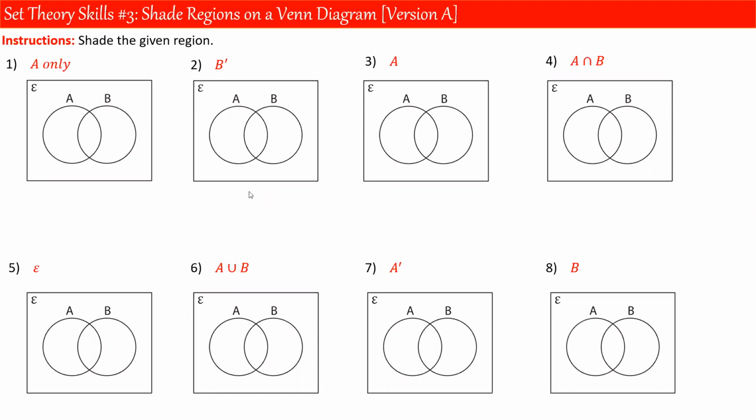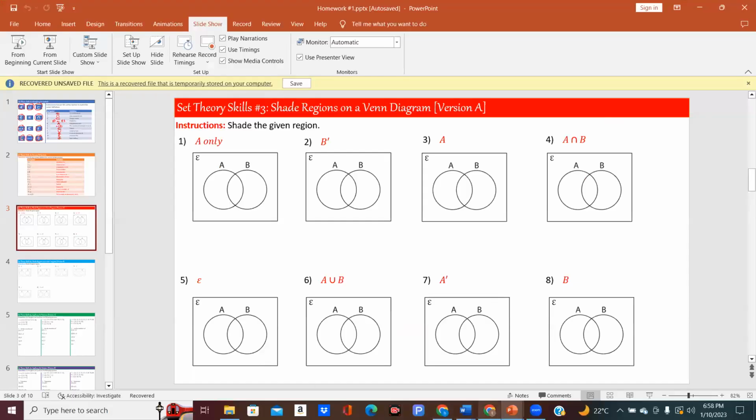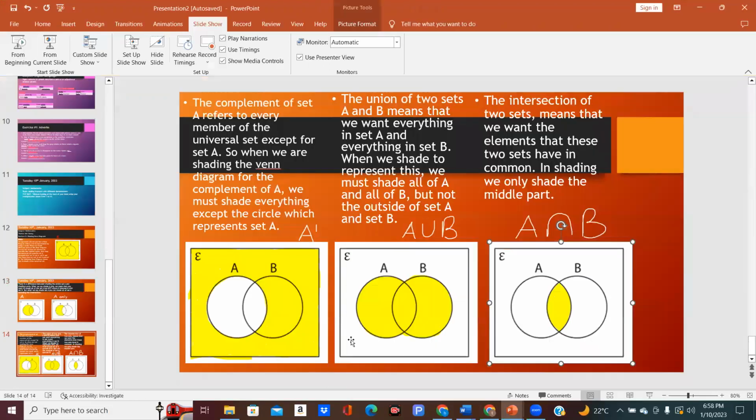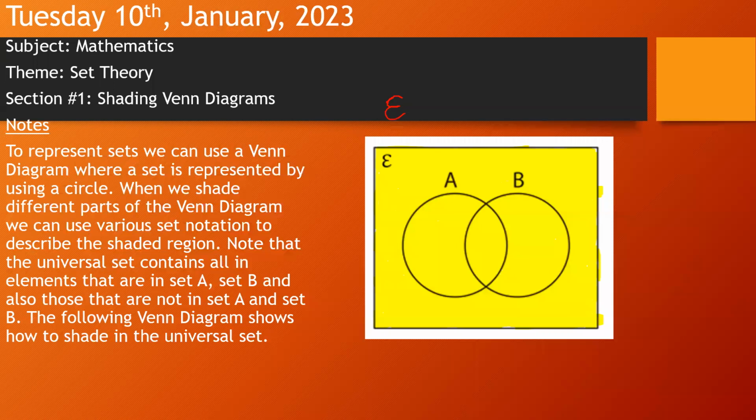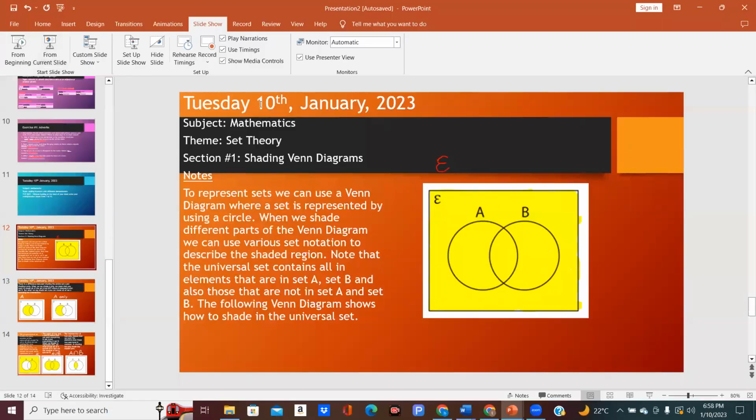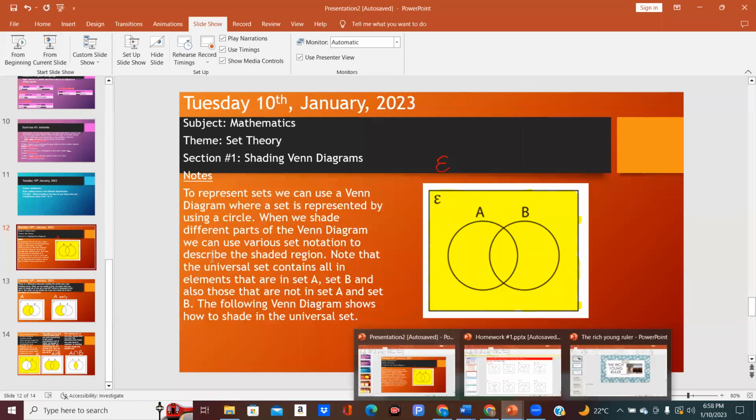Excuse me, can you show the first slide, please? Oh, you mean with the notes? Yes. Okay. So this is the first slide with the notes, with the universal set. Thanks, I got it. Okay, sure. You go to the second one, please.